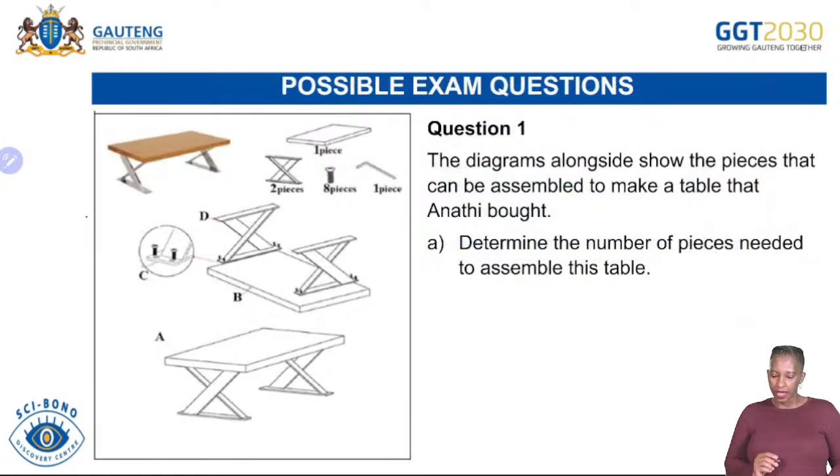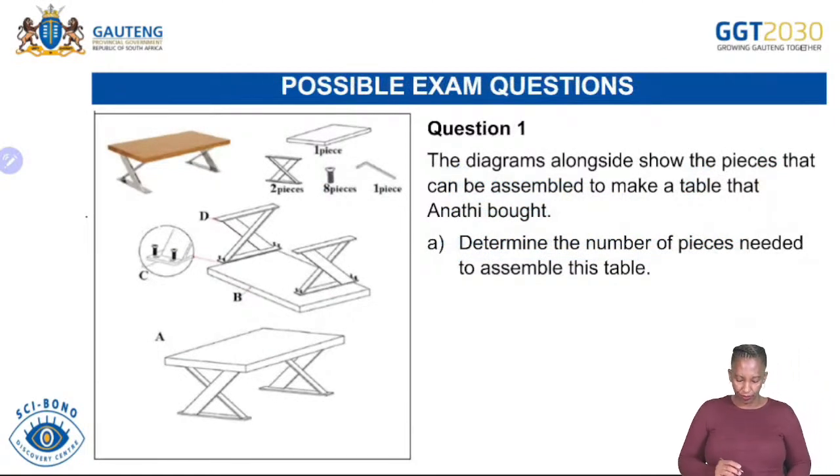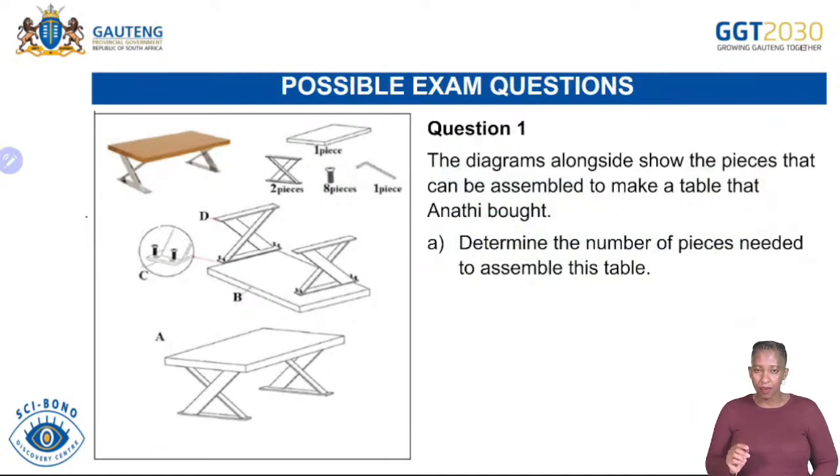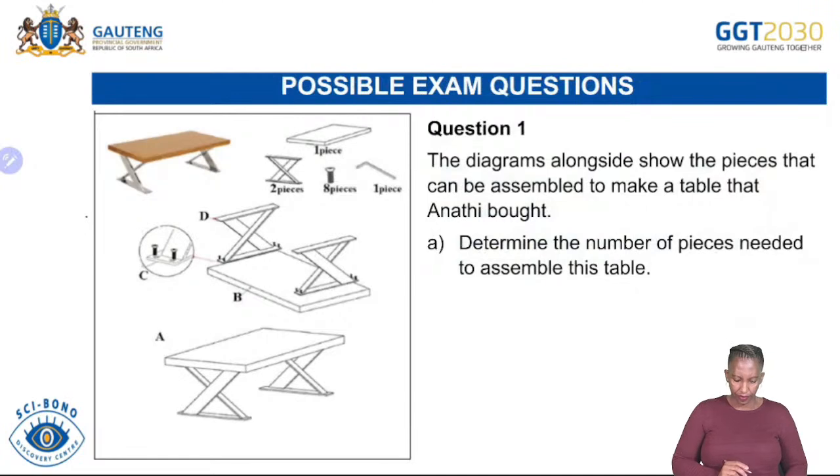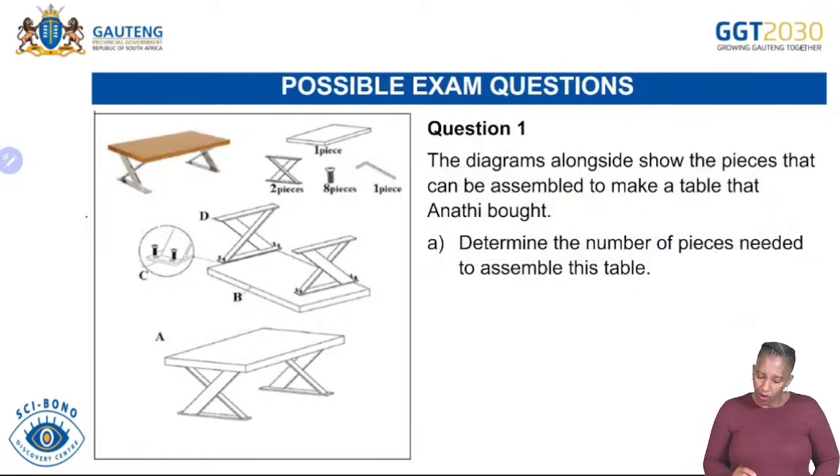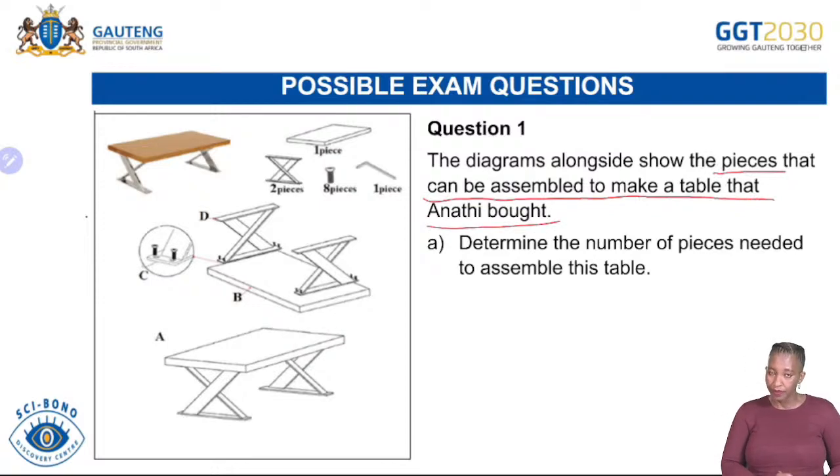Now let's have a look at the possible exam question. The diagram alongside shows the pieces that can be assembled to make a table that Anati bought.